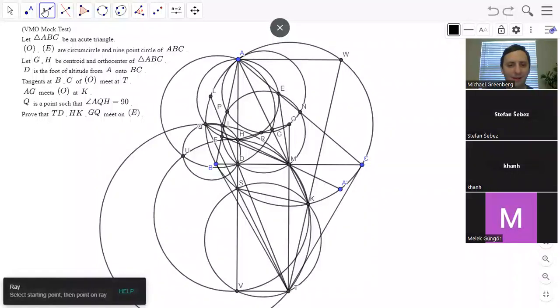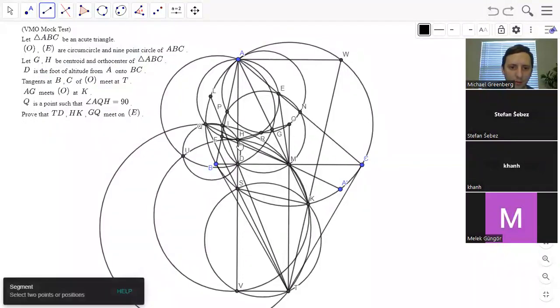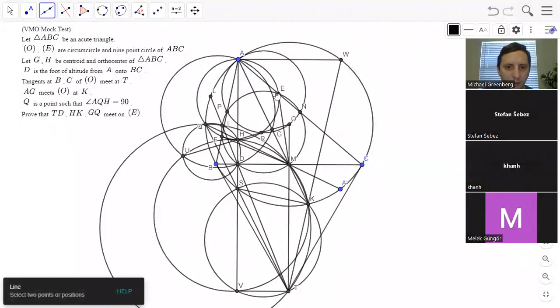Okay. Let's say we intersect the Euler line with the small circle QHD. So this is point U. Okay. Also intersect EF with BC.